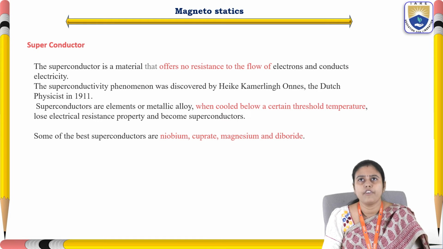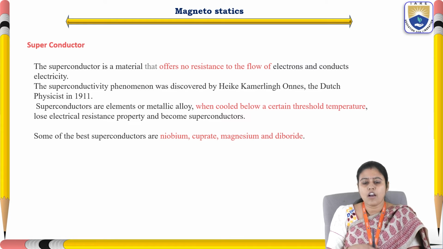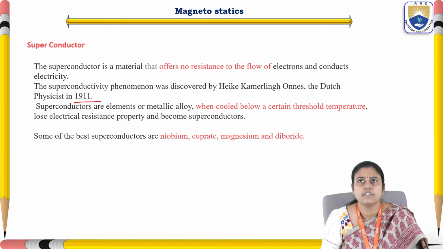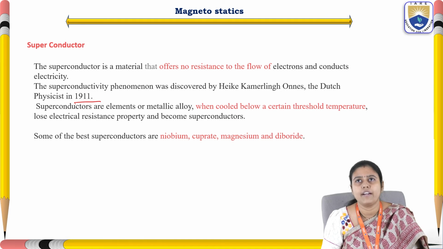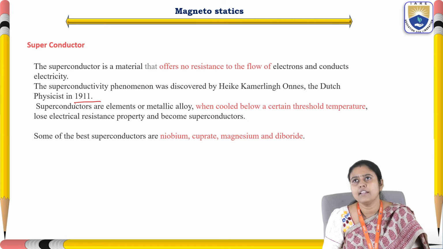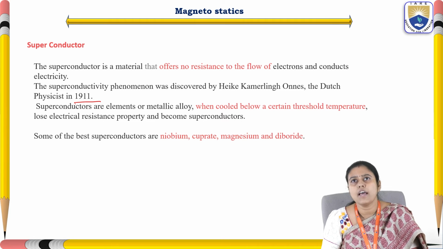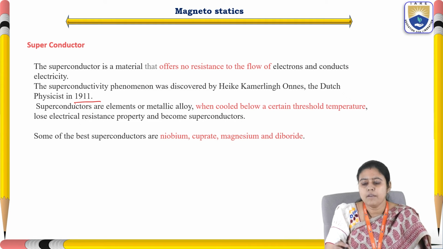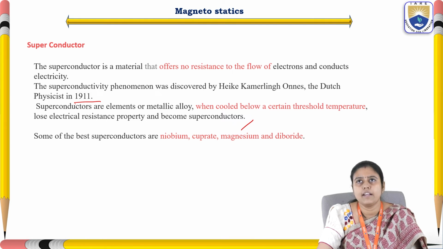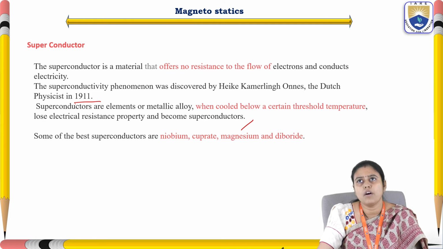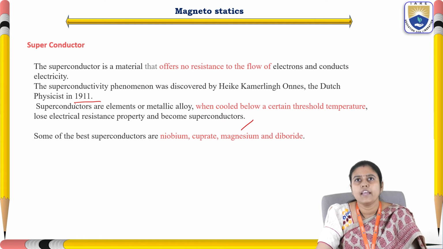Generally, a conductor has less resistance, but it has some resistance. The superconductivity phenomenon was discovered in the year 1911 by the Dutch physicist Onnes. Superconductors are special metallic alloys which, when cooled below a certain threshold temperature, lose their electrical resistance property.